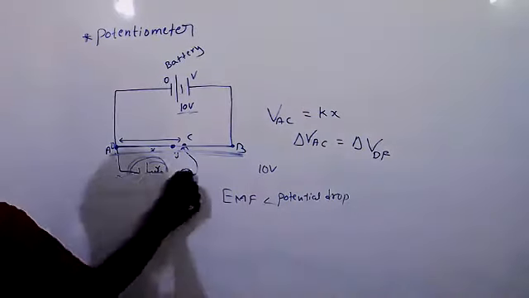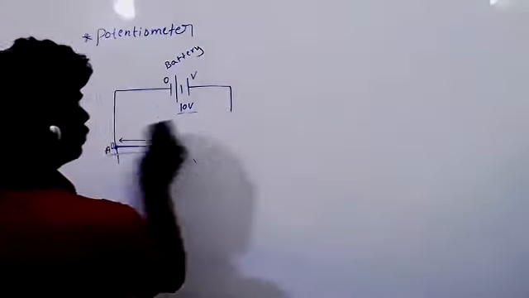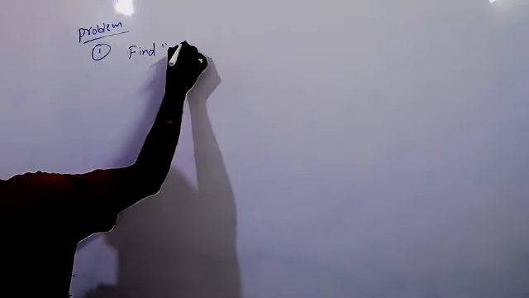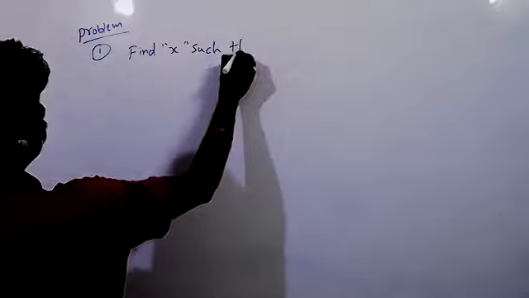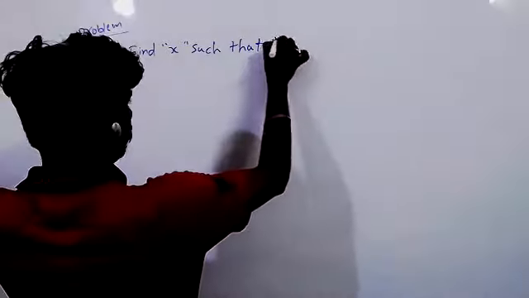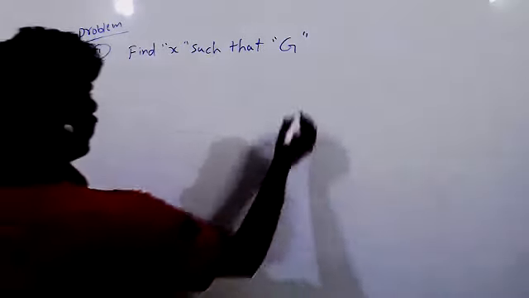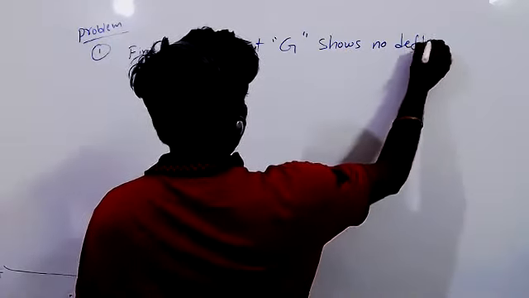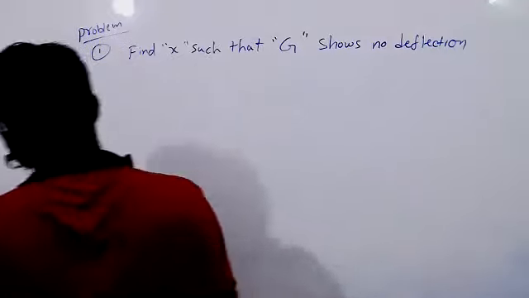See the first question. Problem number 1. Find X such that G shows 0. G means, what is the meaning of G?